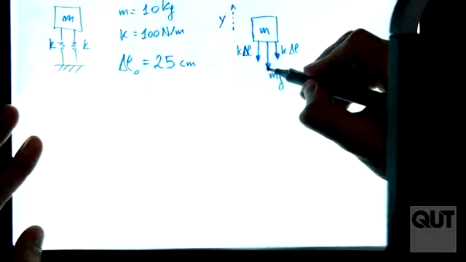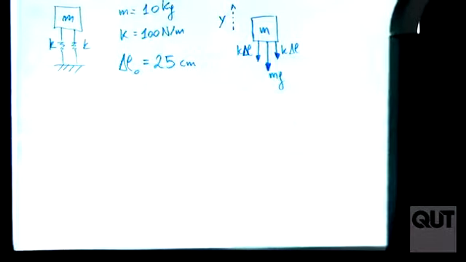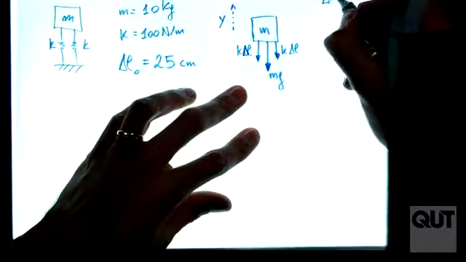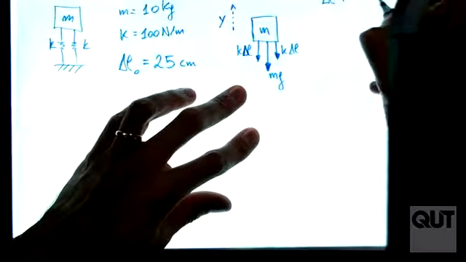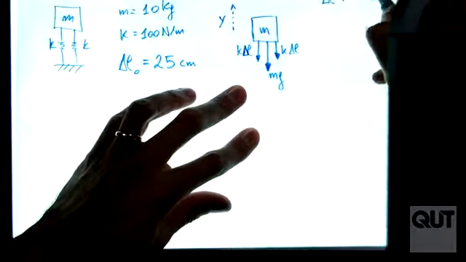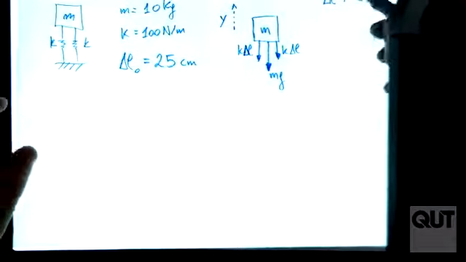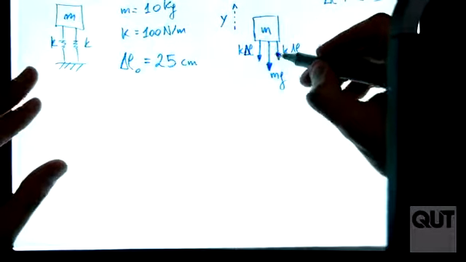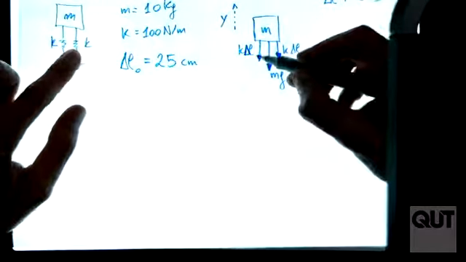The best strategy? There are tons of conventions you can use to do that. To me, the best strategy is to always assume delta L positive in traction. Okay, so with the spring elongated, and therefore the force going towards the center of the spring.